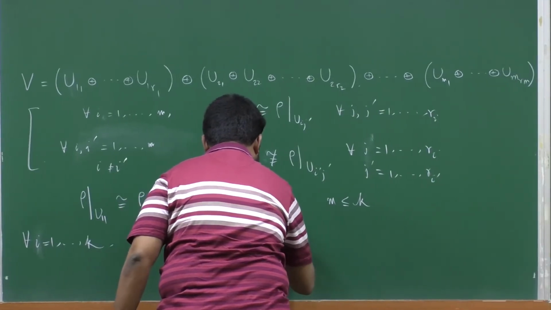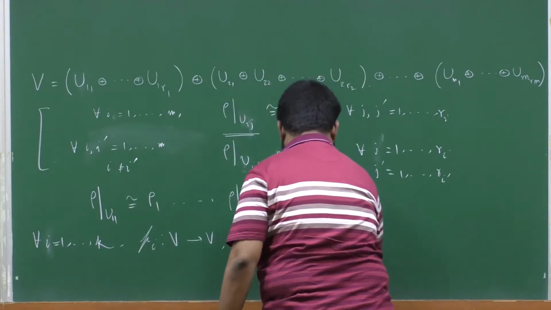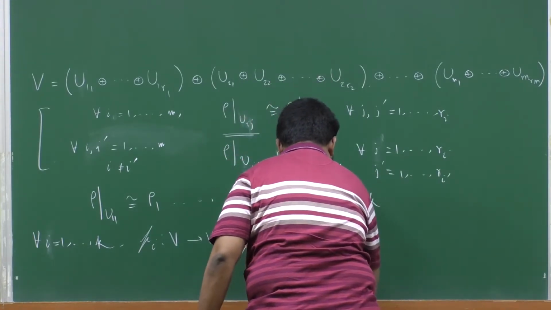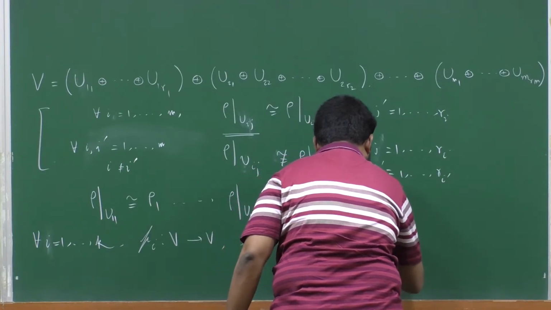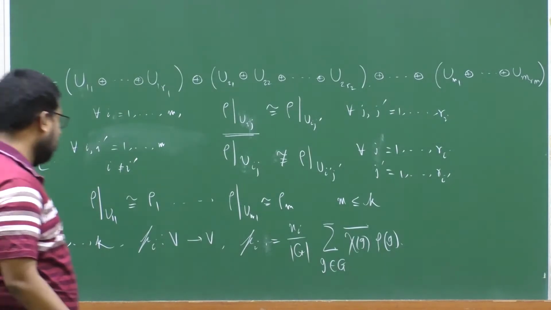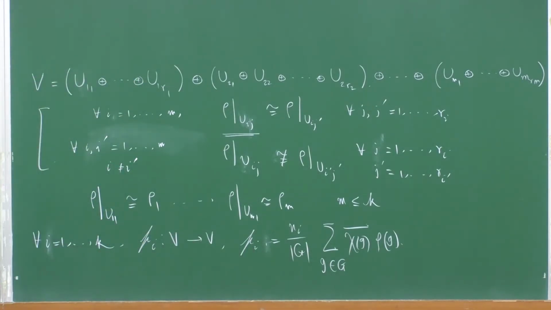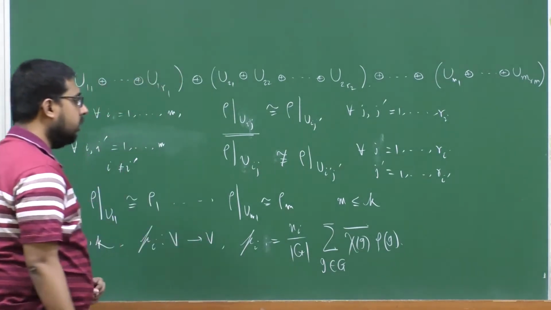This is defined as n_i divided by the order of G, sum over g in G, chi_i(g) bar times rho_g. So this is how we define an operator. This is a linear operator from V to V.